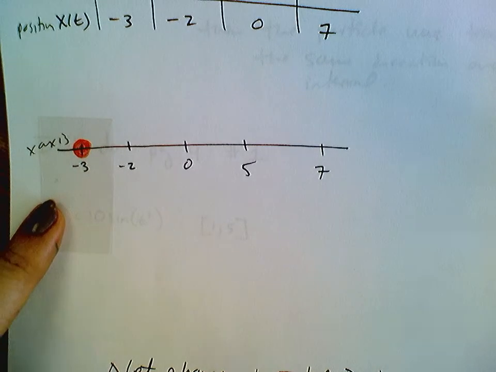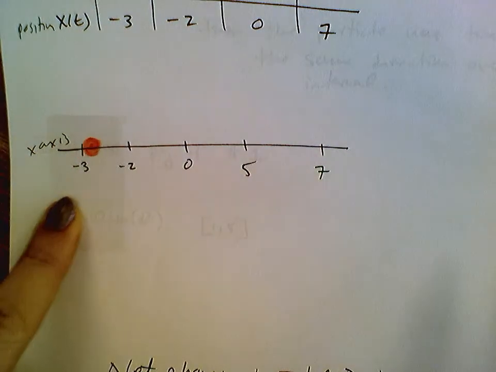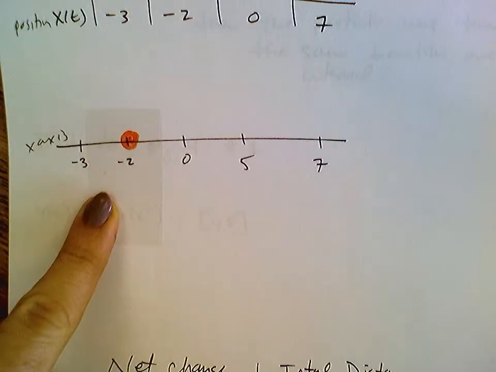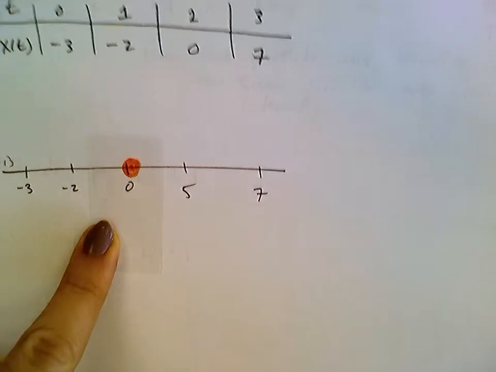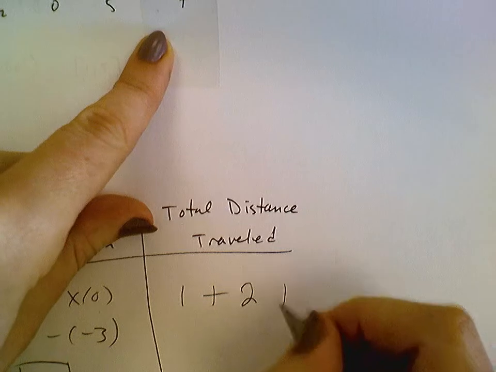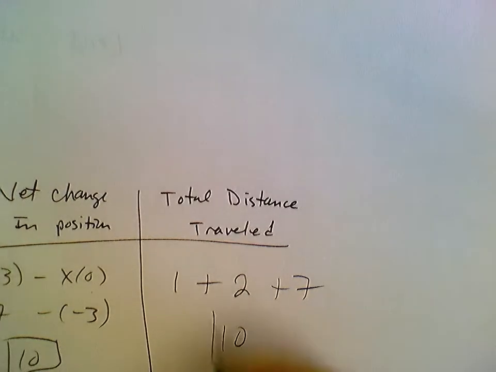But this time, the total distance traveled from 0 to 1 seconds, we move 1. From 1 to 2 seconds, we move 2. And from 2 to 3 seconds, we move 7. So that is 10.